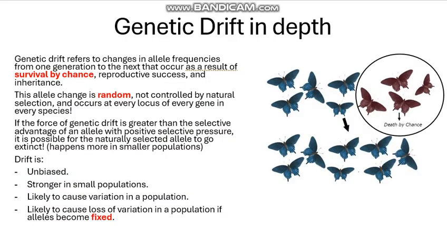A more in-depth look at genetic drift. Genetic drift refers to changes in allele frequencies from one generation to the next that occur as a result of survival by chance, reproductive success, and inheritance. This allele change is random and not controlled by natural selection, and it occurs at every locus of every gene in every species all the time.